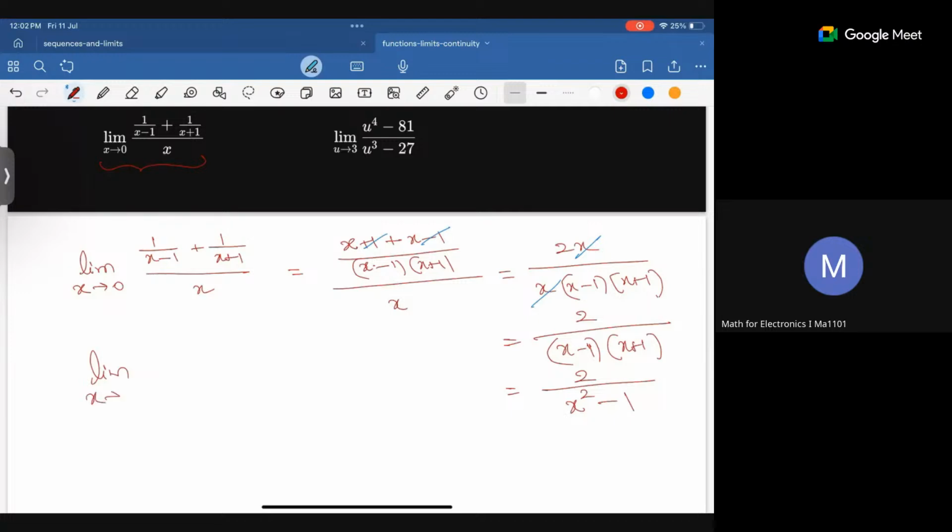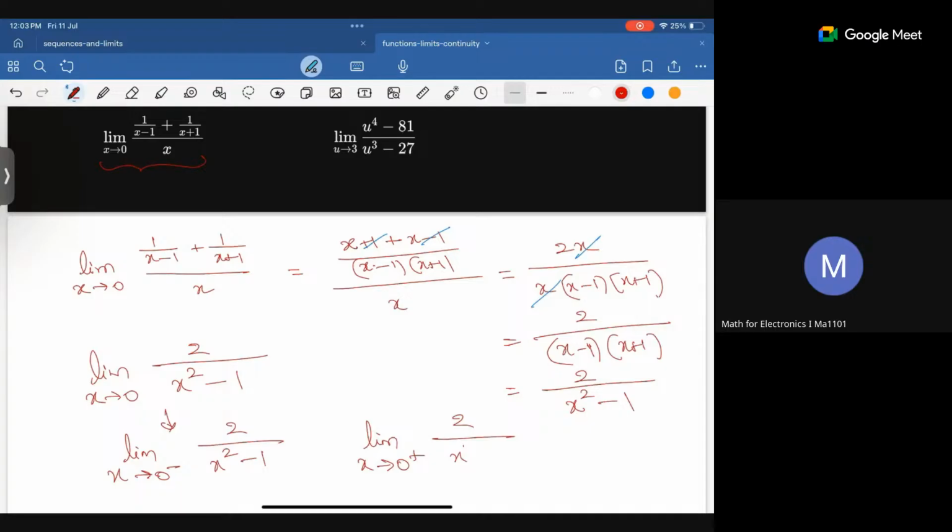So limit x tends to 0, 2 by x square minus 1. Again x square minus 1 looks continuous. If you think it's very difficult to judge whether it is continuous or not, for computing this, you compute what happens to this function when x comes from the left side of 0, and what happens when x comes from the right side of 0.